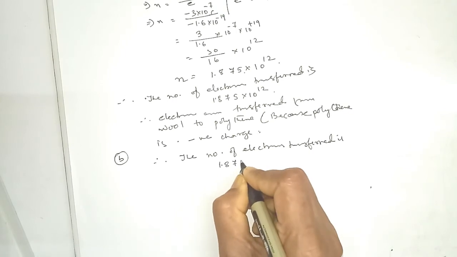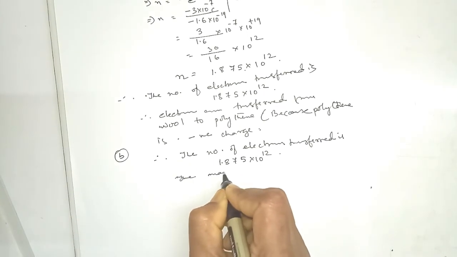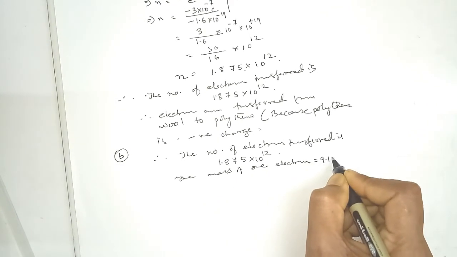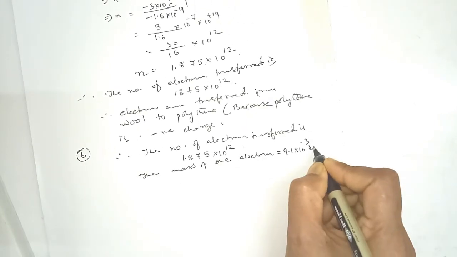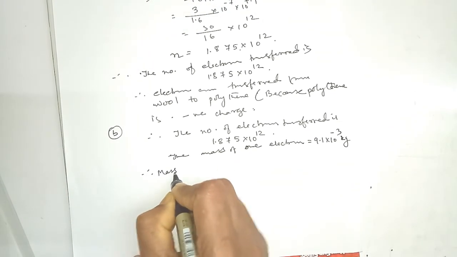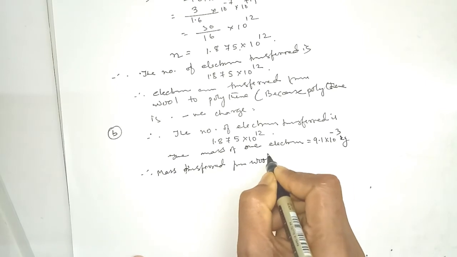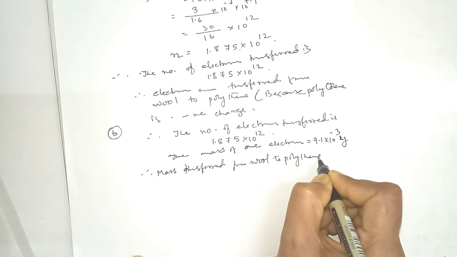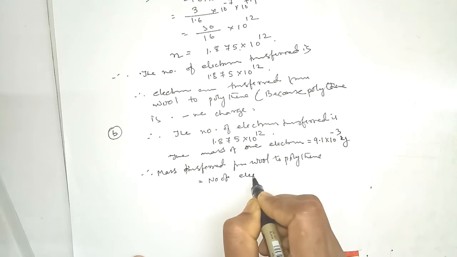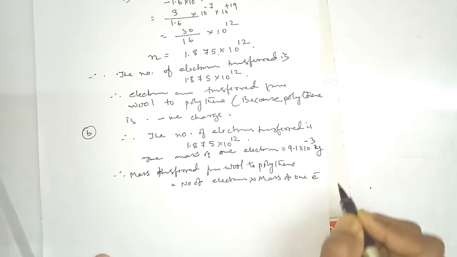1.875 into 10 to the power 12, and the mass of one electron is equal to 9.1 into 10 to the power minus 31 kg. So the mass transferred from wool to polythene is the number of electrons into the mass of one electron.